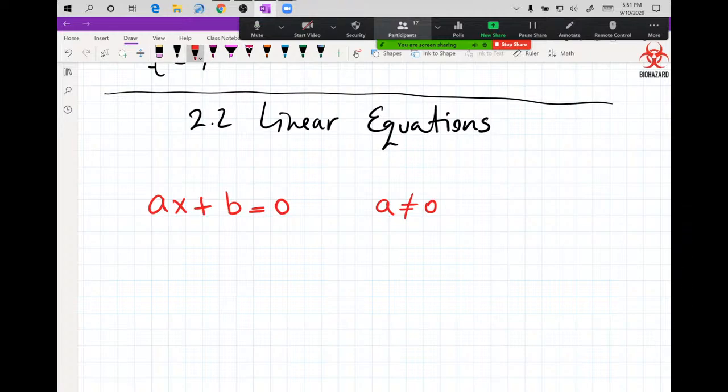So this would be linear equations, and a and b are constants, and x is a variable. And the value of that variable will always depend on numbers a and b.